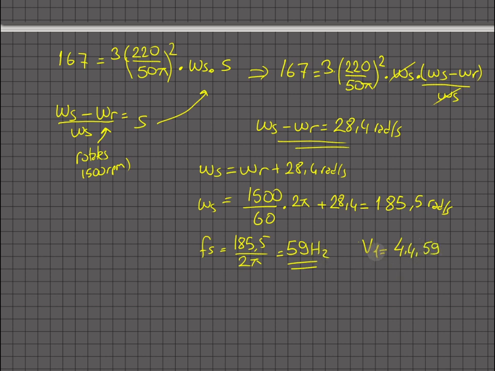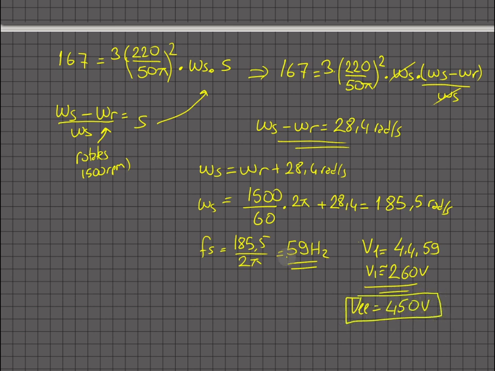This is the phase voltage, and if you multiply that by 4.4, it is around 260 volts, and the line-to-line voltage is equal to 450 volts.